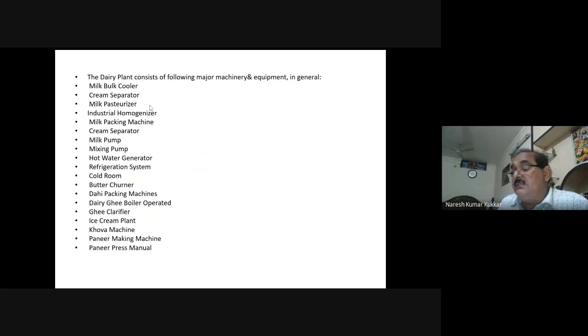Sometimes some dairy plants also have an ice cream plant within them. Then a khoya machine is there. Sometimes khoya was also provided. Paneer making machine and paneer press, a manual presser, was there. If time permits, I can show you all the sections of the dairy also.